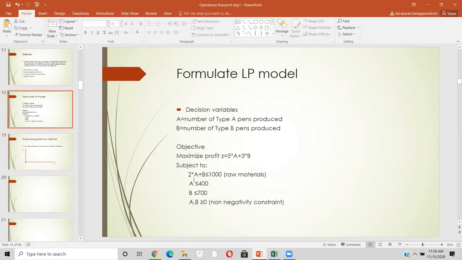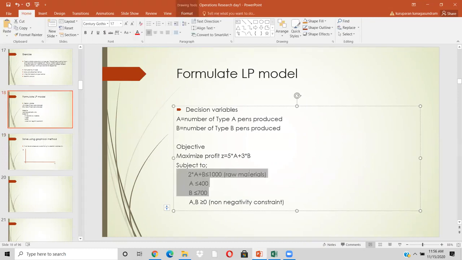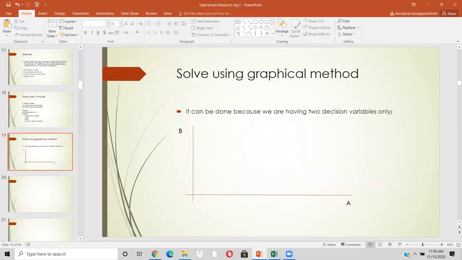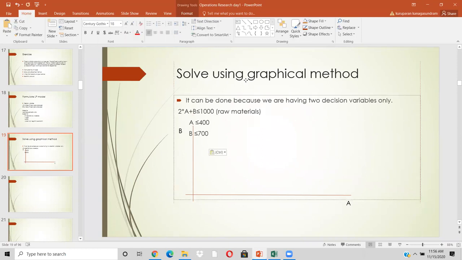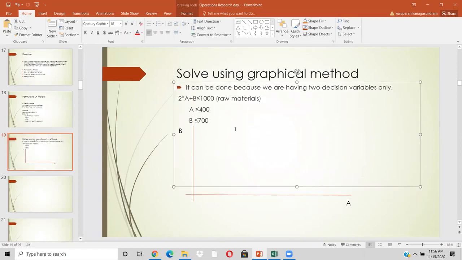Then we have to draw a line for the less than or equal constraints. First, we will draw it for these constraints. How to draw those lines? First, 2a plus b less than or equal to 1000.